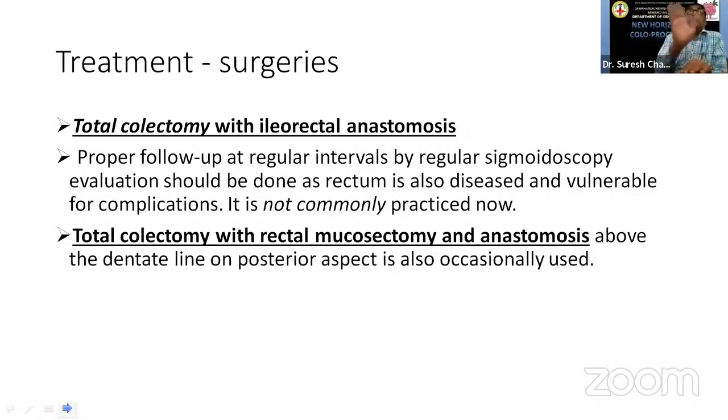So the mucosa, or rather the mucosa and submucosa, you can remove, and the muscular layer and serosal layer you can maintain, and you can do the anastomosis directly to the anus. So ileoanal anastomosis, or ileorectal anastomosis by doing mucosectomy.